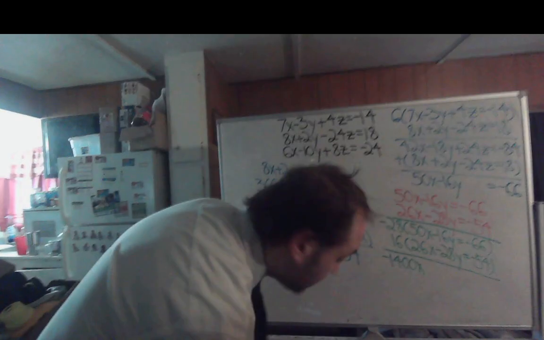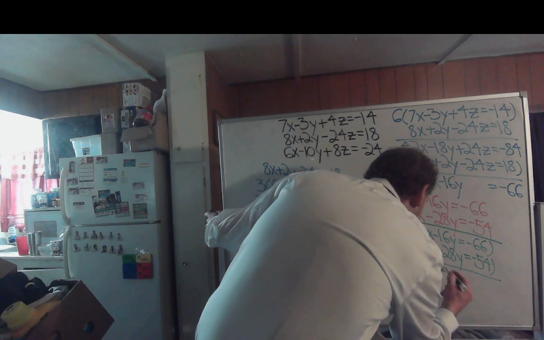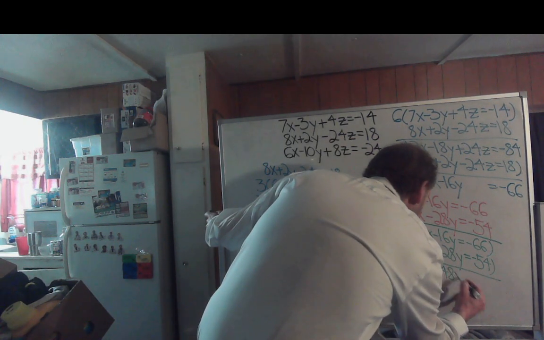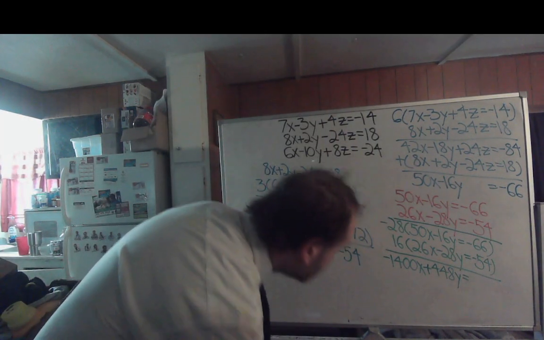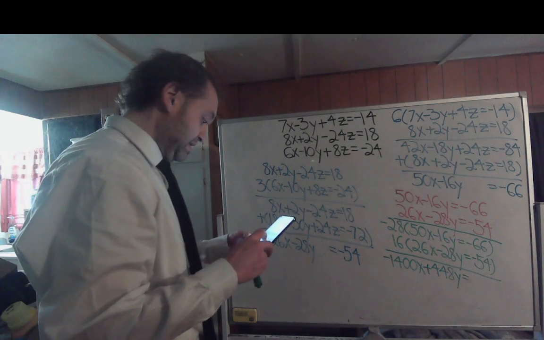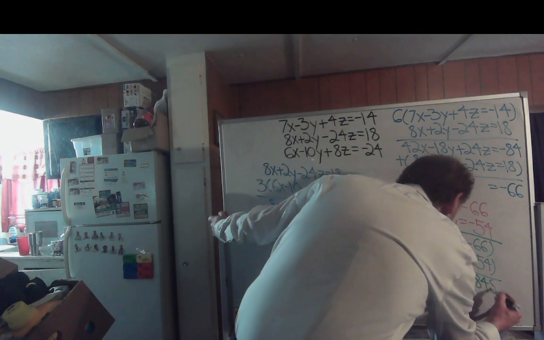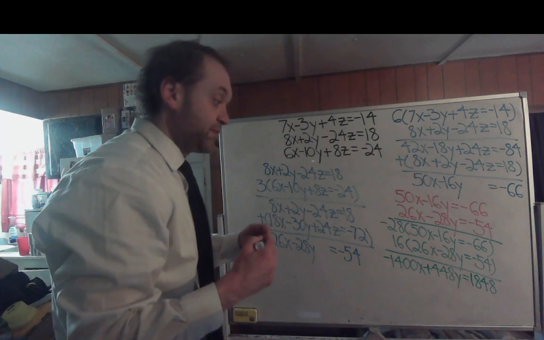That'd give you positive 448. Now take negative 28 times negative 66. Yikes. That would give you positive 1,848. All right, that's your first equation.